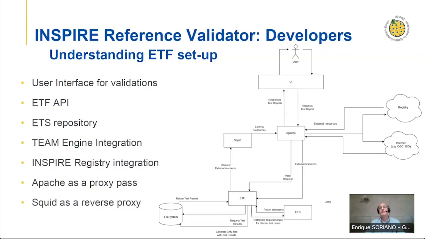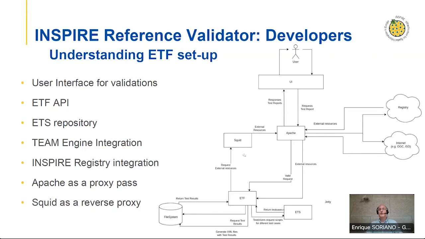At this point, the content of the input data provided is analyzed, and external resources are probably needed. If you remember, we were using code lists for the buildings theme. So these code lists are available externally. So we make an external request.